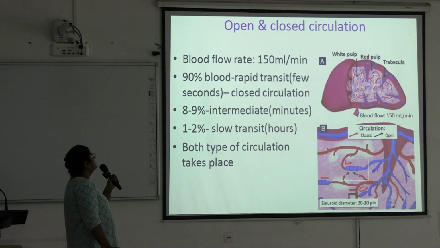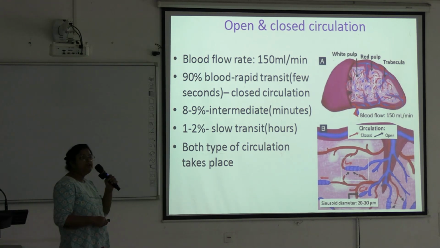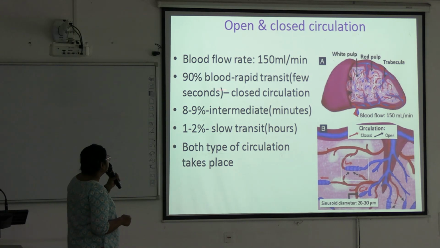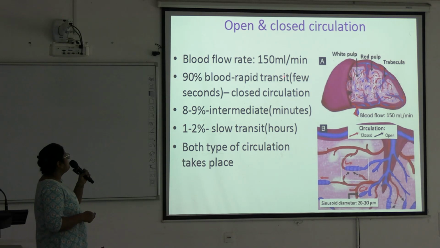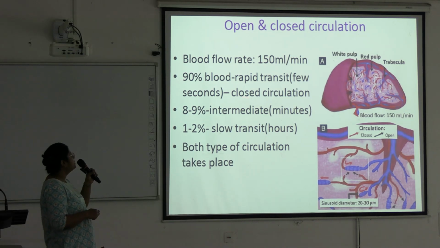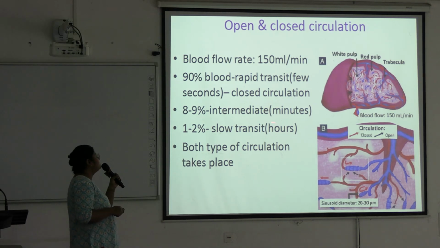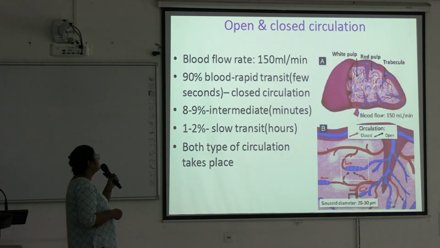Next, so the blood flow rate through the spleen, open and closed circulation, is about 150 ml per minute. Okay, and they pass through three types of transit. Rapid transit occurs within a few seconds, through closed circulation. 90% of blood passes through closed circulation through rapid transit. 8 to 9% of blood passes through in minutes through the intermediate circulation, and 1 to 2% passes through slow transit.